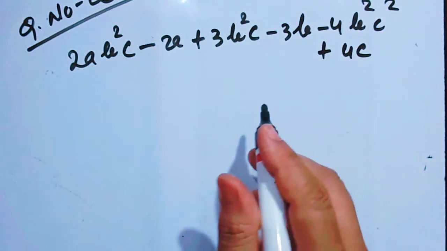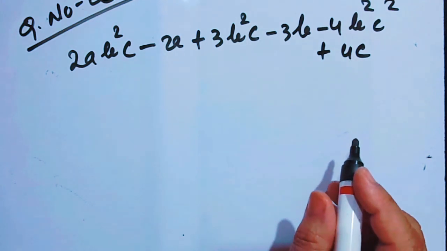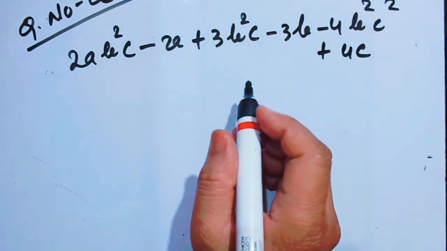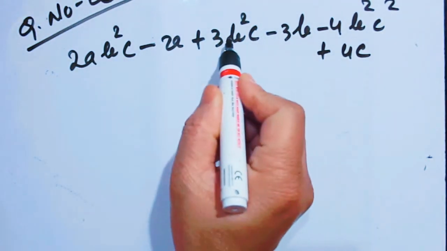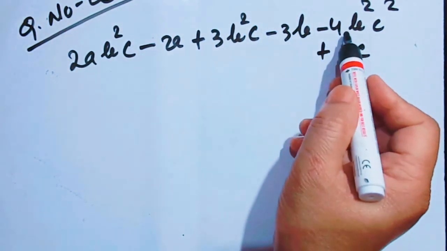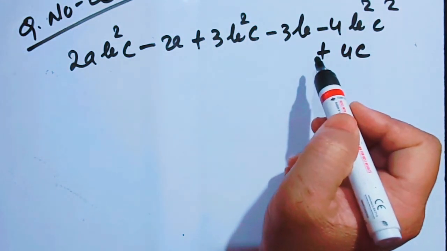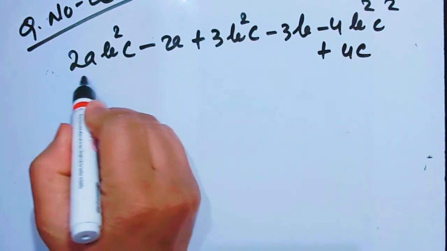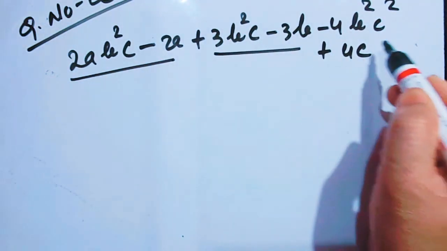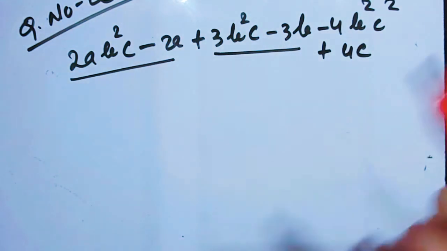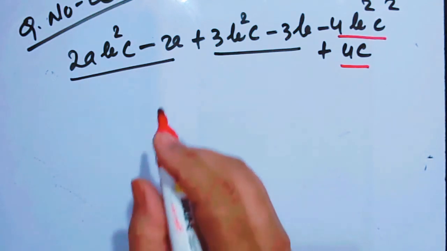Let us solve this also and see what changes we can make before solving it. I feel that nothing is to be done. If I take 2 common over here, 3 common over here, and then 4 common in these, naturally we'll get the common.